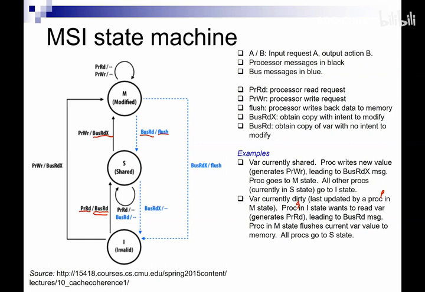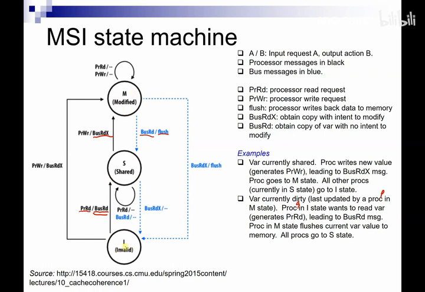And then the invalid process is also going to go into the shared state. So basically, what happened is that this process has an out-of-date copy of the value, and this process has the up-to-date copy.